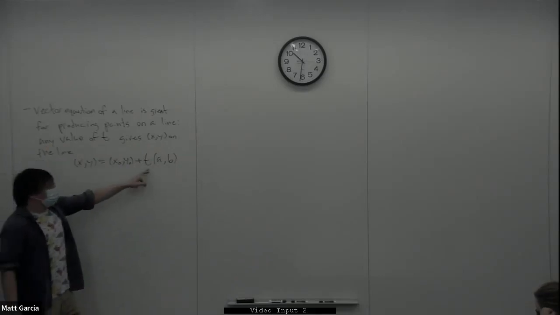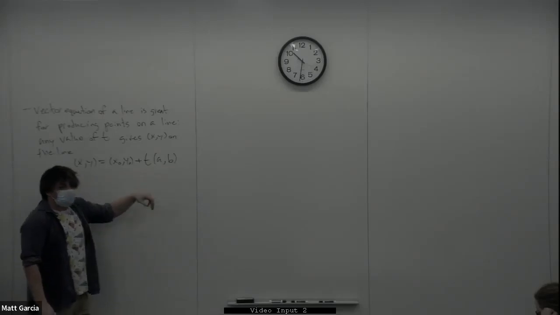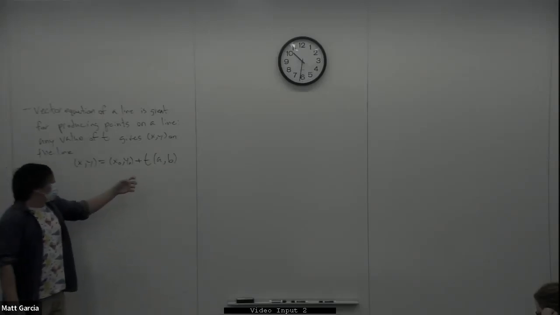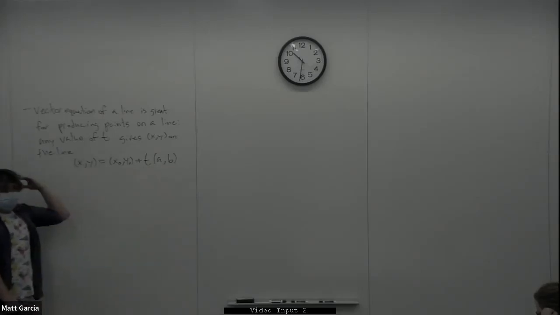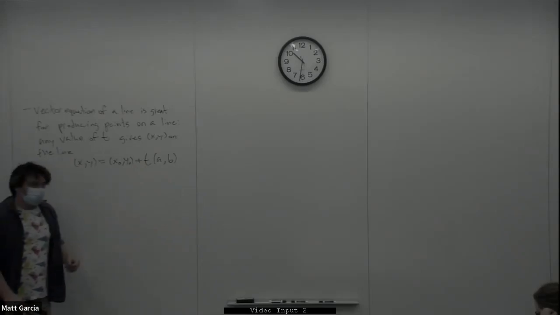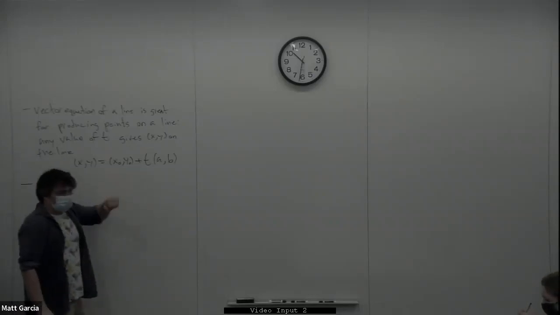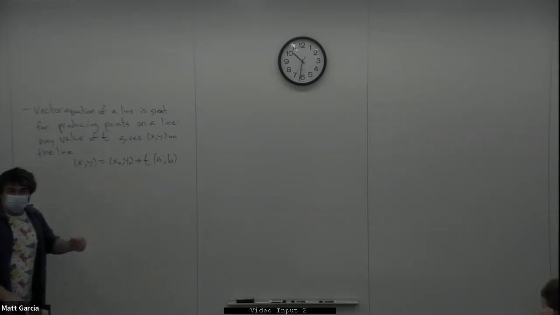So every value of t, first of all, these are known, right? x naught, y naught, and a comma b. These are known quantities. So every value of t that you pick, you produce some point on your given line. Okay. So you're looking to find an arbitrary point on a line. The vector equation is very useful. You pick a value of t.